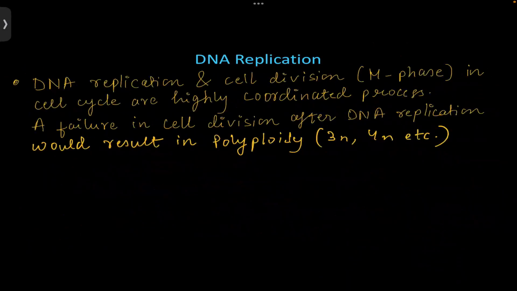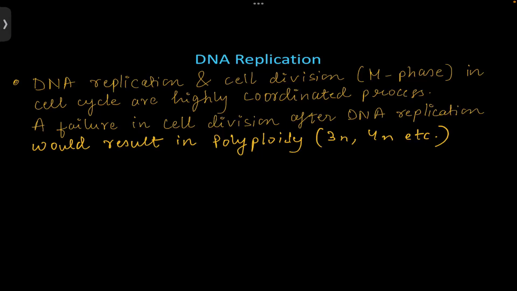Now, DNA replication is actually a highly coordinated or highly regulated process. Because suppose DNA has replicated, meaning another copy of DNA is now present in the cell. Now this cell has gone to the mitosis phase of the cell cycle, where it is fated to divide and make two daughter cells.